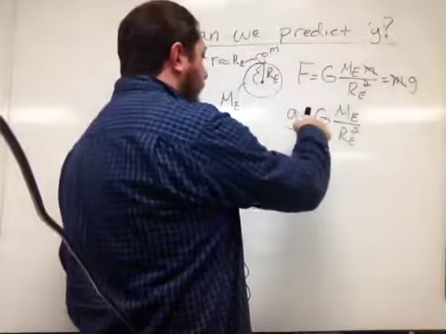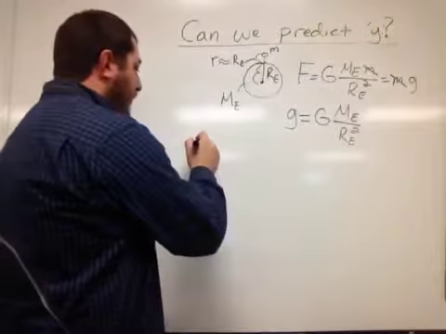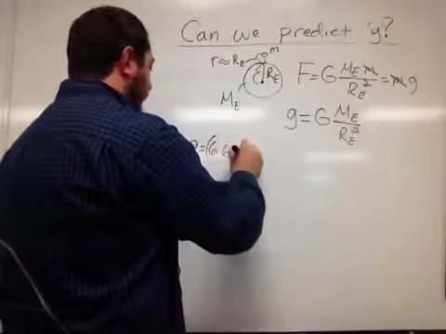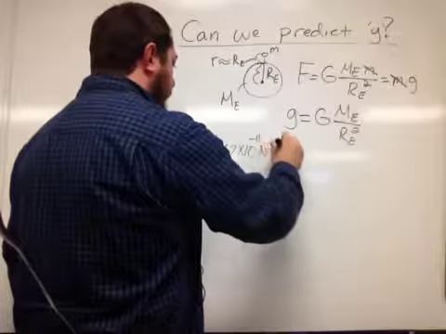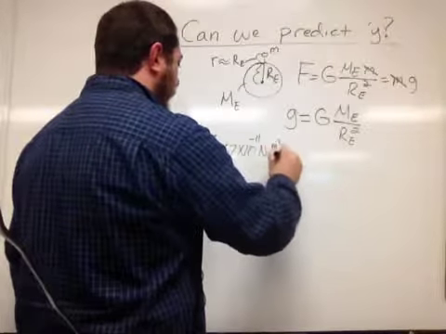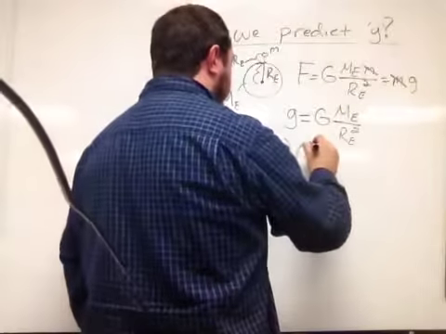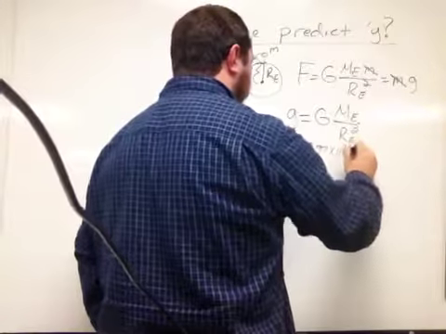If we plug in the value of the gravitational constant, I get 6.67 times 10 to the negative 11th newtons times meters squared per kilogram squared. And the mass of the Earth is roughly 5.97 times 10 to the 24th kilograms.